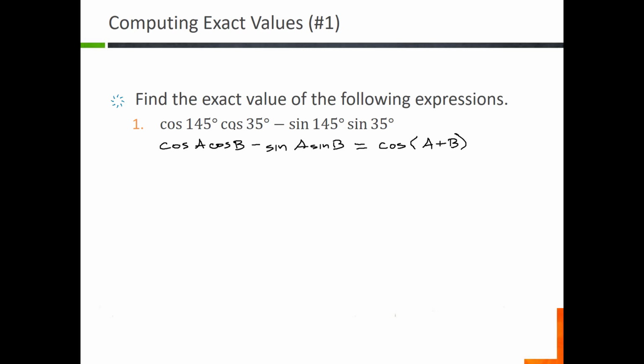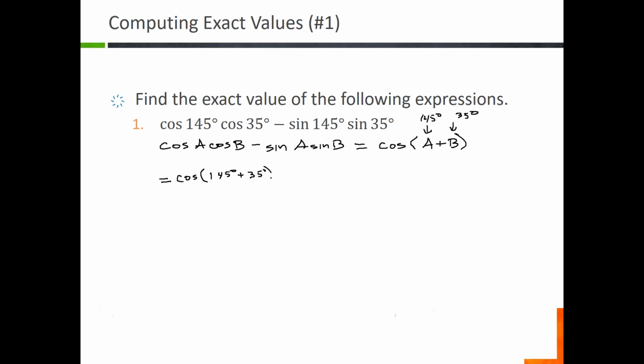So I can take this whole initial expression and rewrite it as the cosine of A, which is 145, and B, which is 35. So we have the cosine of 145 plus 35.